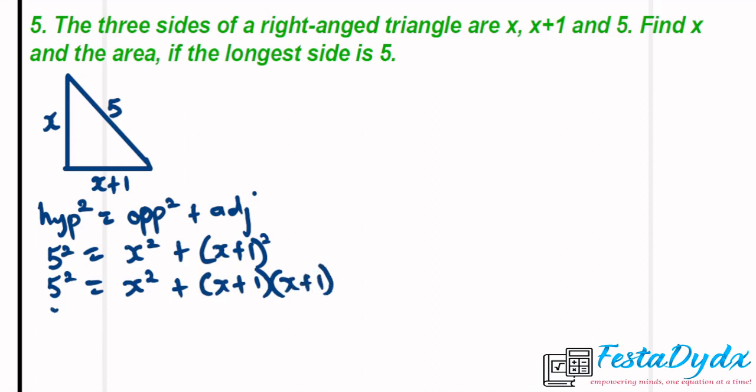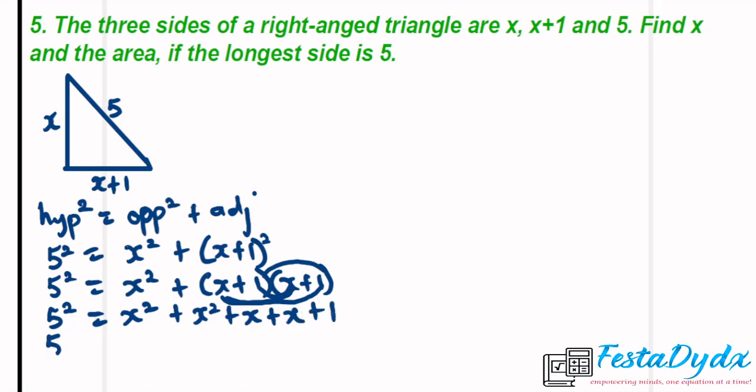So I'm going to clear that bracket. 5 square is equal to x square plus, this is x times x, which is x square. Then we have x times 1, which is plus x. Then we'll have 1 times x, which is plus x. And then we'll have 1 times 1, which is plus 1.